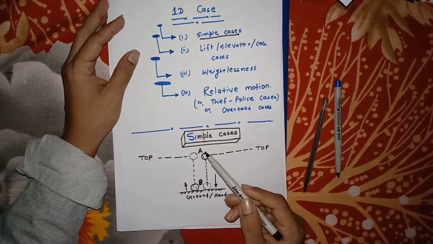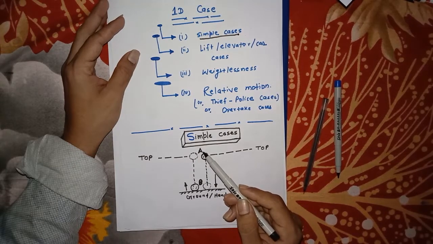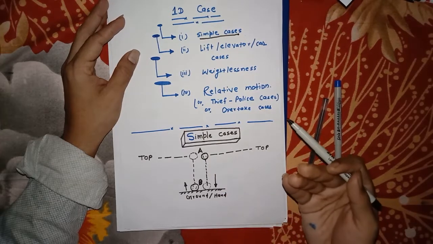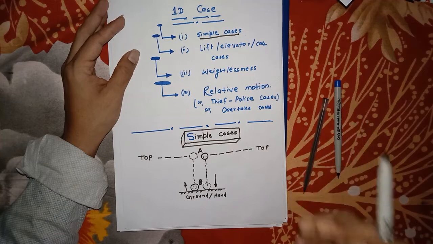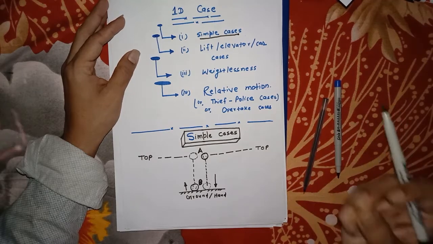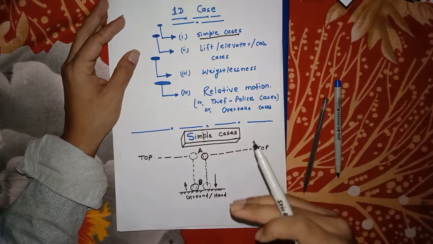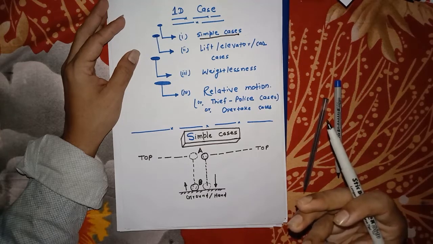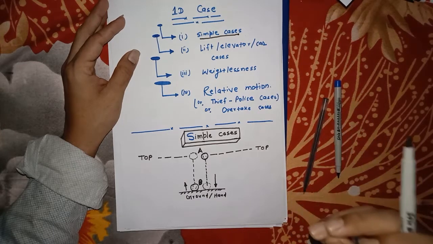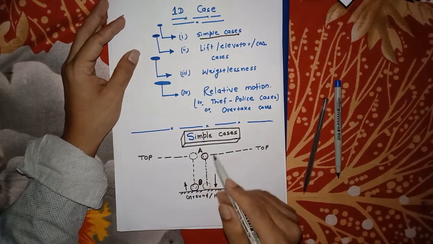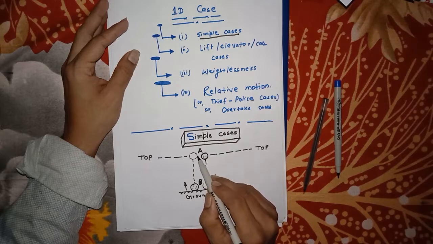What happens in this case? Surely the ball decreases its speed and at a point it becomes 0. So it covers the maximum height and the speed becomes 0. I represent this point as A here.